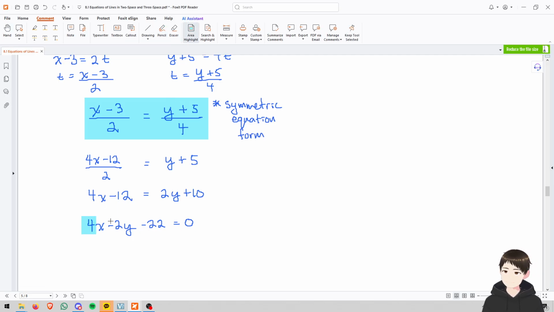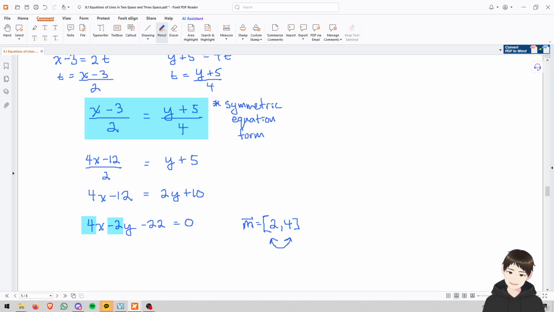In other words, the coefficients of x and y, and my direction vector being 2 and 4. The change in x is a 2, the change in y is a 4. The coefficient of x is a 4, and the coefficient of y is a negative 2. It's like the numbers were switched and one of the numbers became a negative.